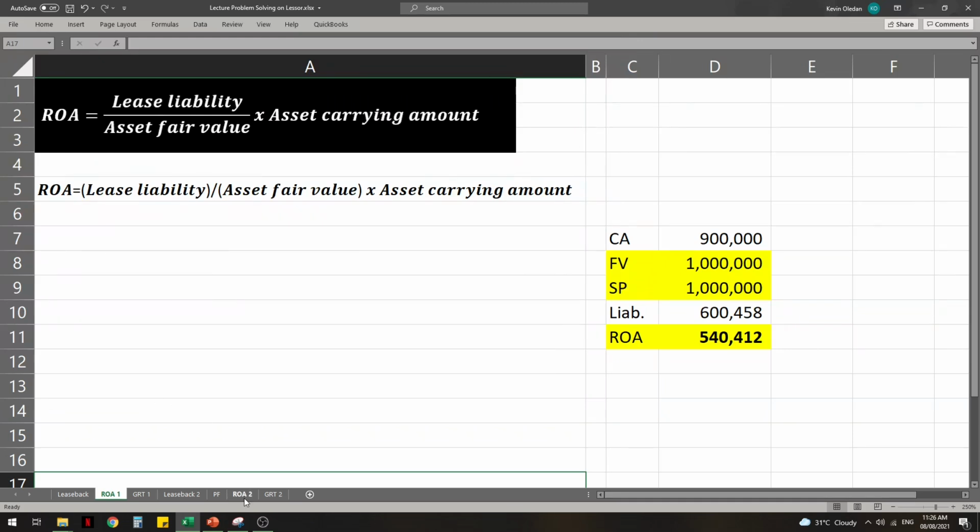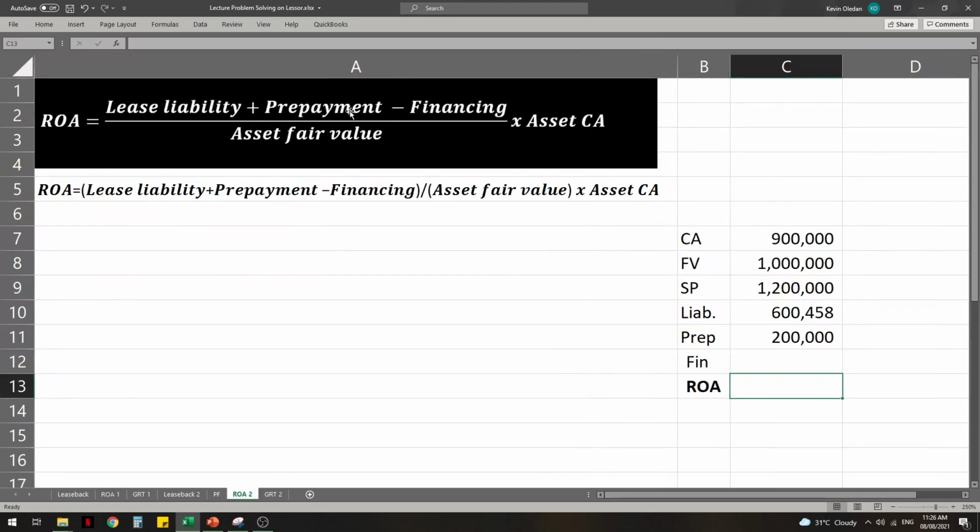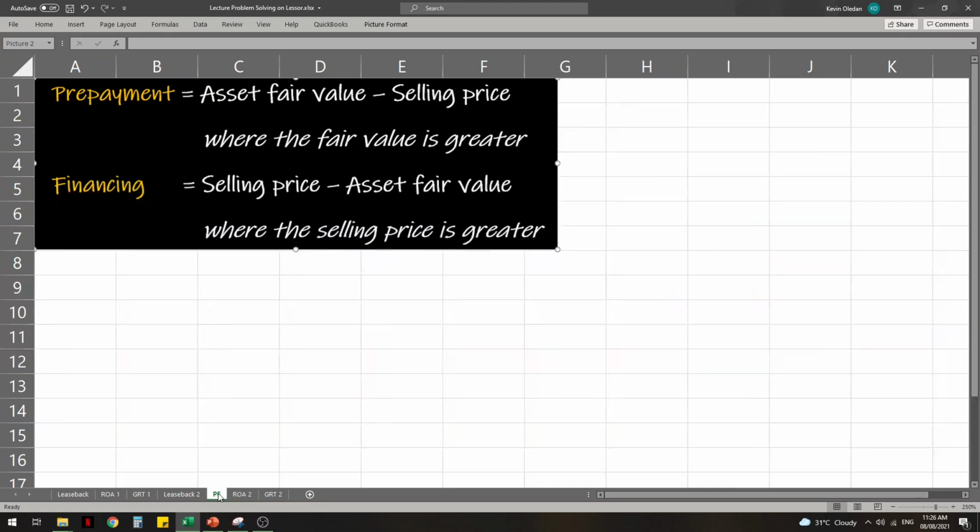Pero since may na-add sa scenario natin, kung prepayment, i-add mo, kung financing, i-deduct mo. That's basically it. And in this problem, the selling price is greater than the fair value, which means that there is financing. Selling price greater than the fair value.